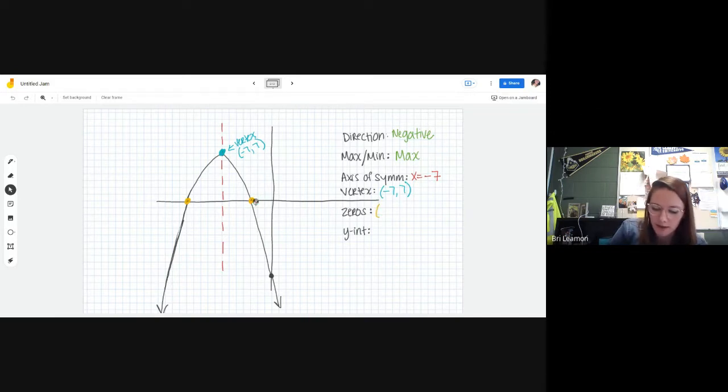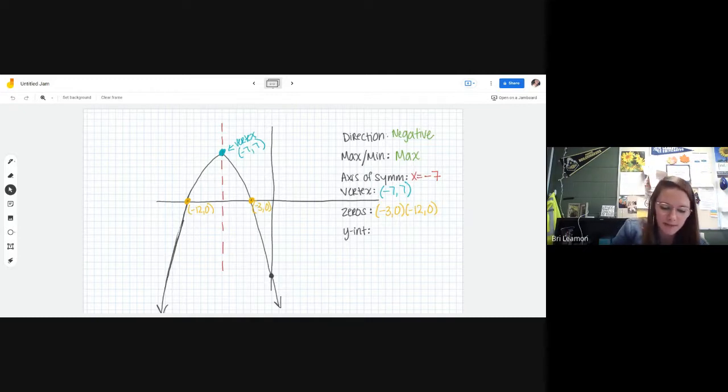So we're at negative 3 here. And then our y value is 0. And then over here, we're at negative 1, 2, 3, 4, 5, 6, 7, 8, 9, 10, 11, 12. Negative 12, 0. So our two zeros are negative 3, 0, and negative 12, 0. So those are our two x-intercepts.